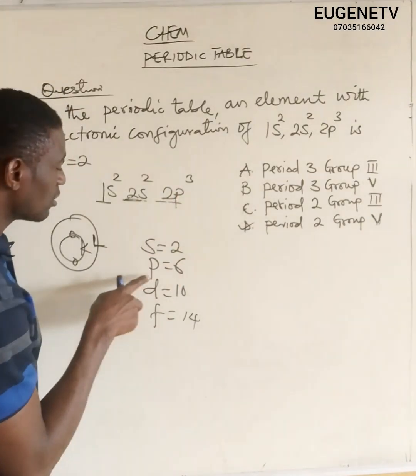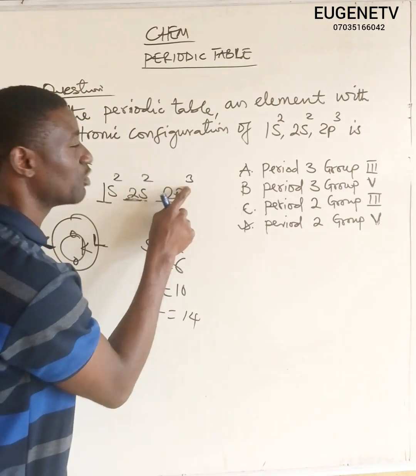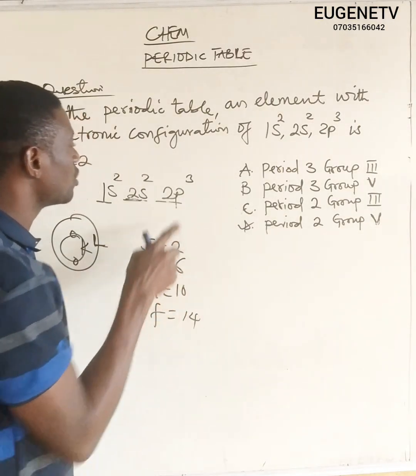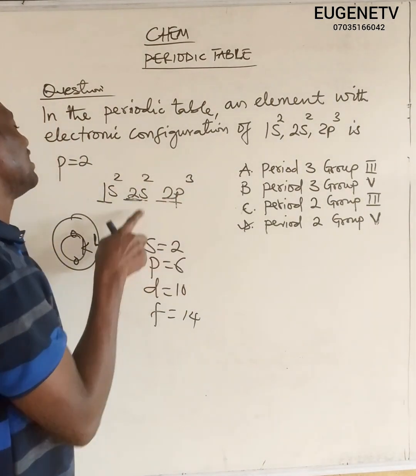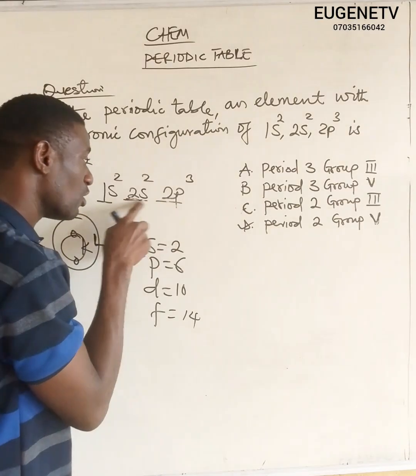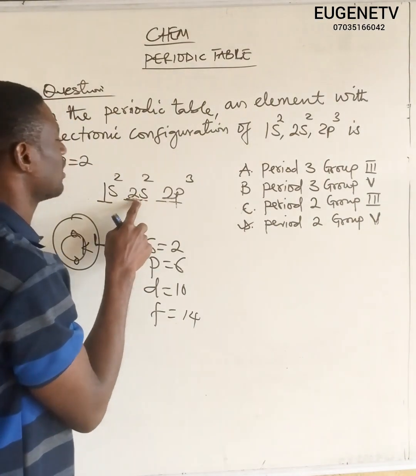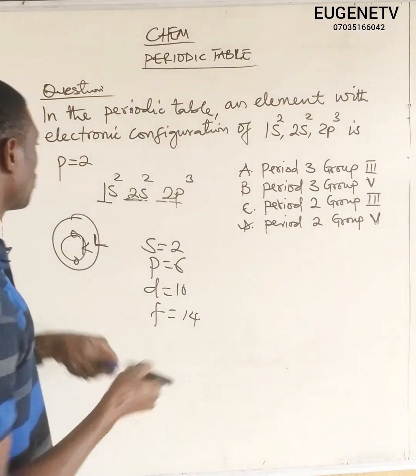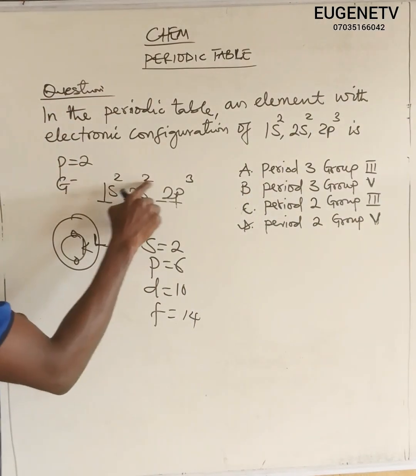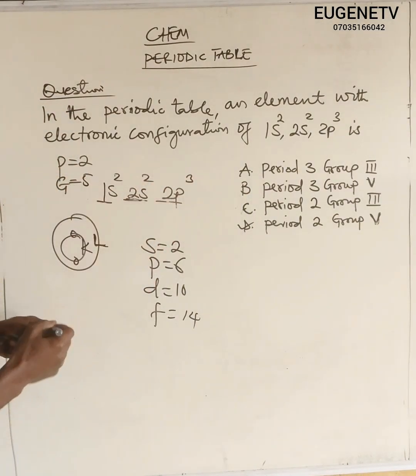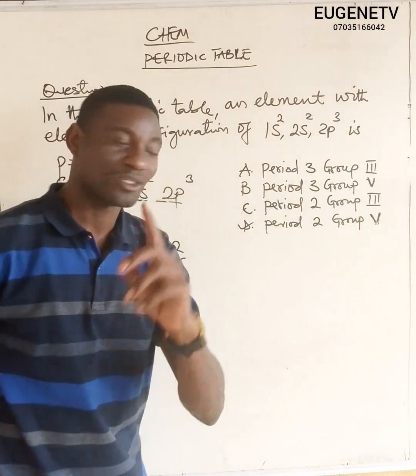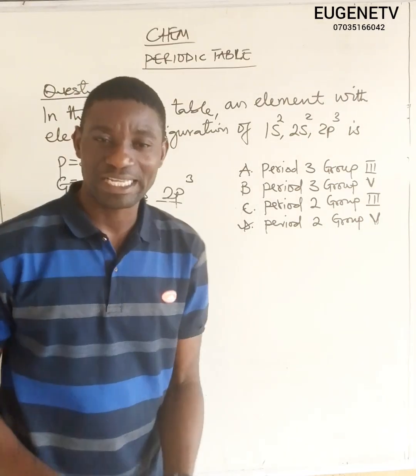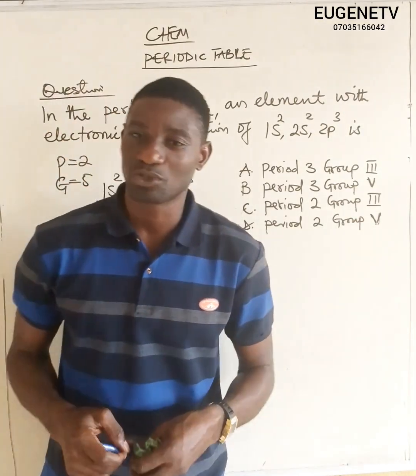Since the maximum electrons that p can carry is 6, and in this configuration it is not complete, to know the group, simply add the electrons in the whole of this second shell together. The total tells you the group to which it belongs. If you check very well, 2 plus 3 gives us 5. That further shows us that this element must belong to period 2 and group 5.